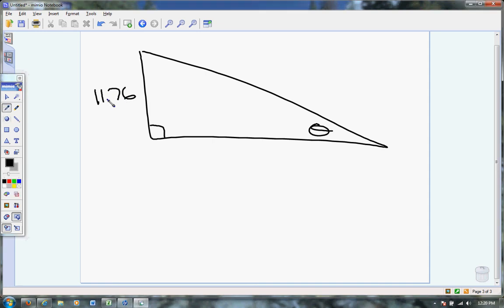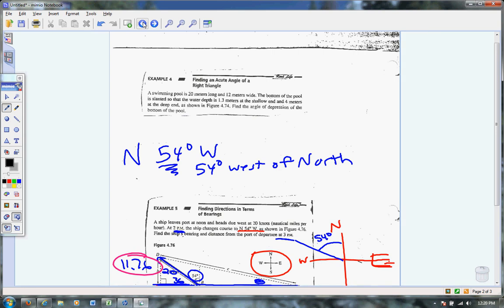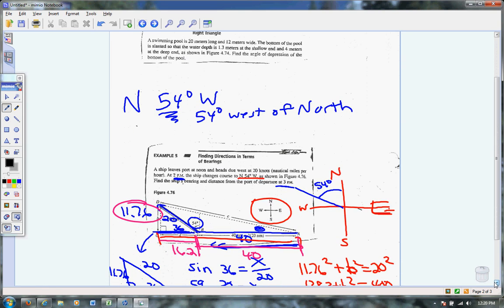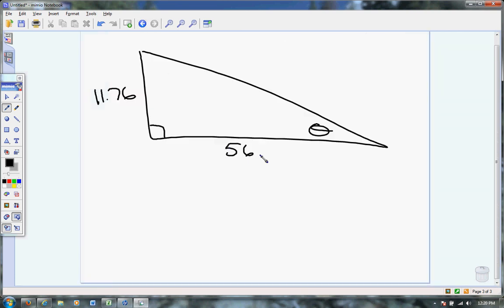And this side, the long side, is 40 plus 16.2. So it is 56.2. So now you just use tangent to find your final angle. Tangent of theta equals 11.76 over 56.2. So 11.76 divided by 56.2 is 0.21.